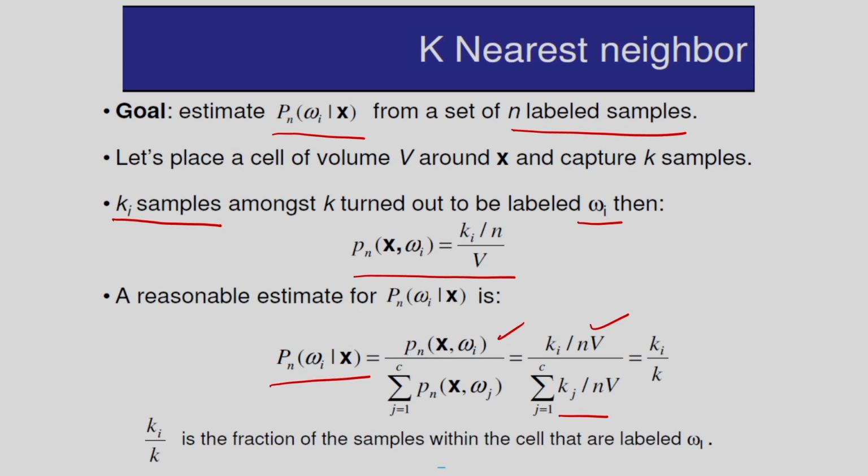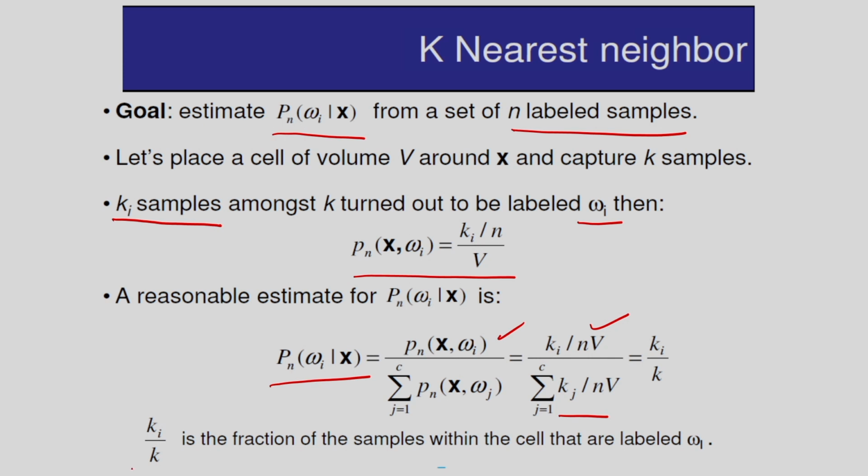So what is ki amongst k? k number of samples I am considering, but ki samples correspond to the class wi, and the total number of samples is n.